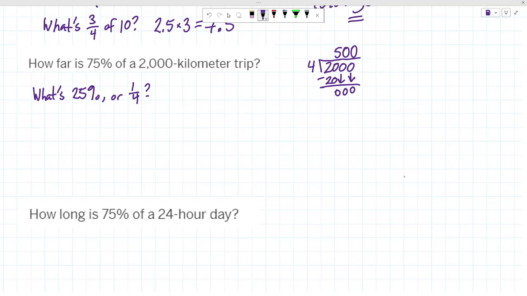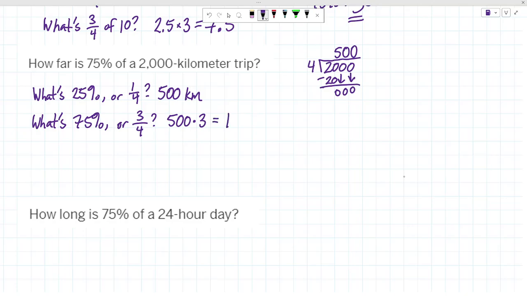You might have a mental math strategy for that, and that's fine. I'm glad that you can use that. Definitely feel free to use that instead. So 25% or 1/4 would be 500 kilometers. So then what's 75%, or 3/4? Well, we need to take 500 times 3.